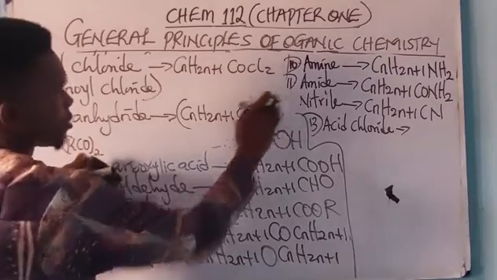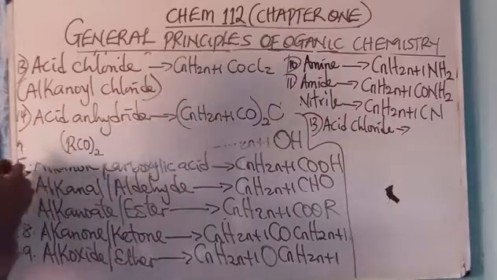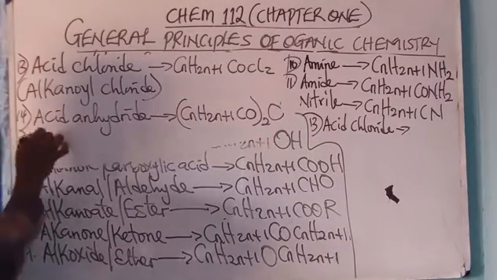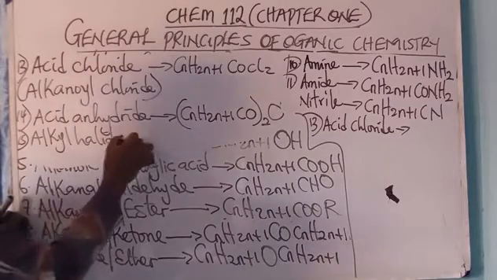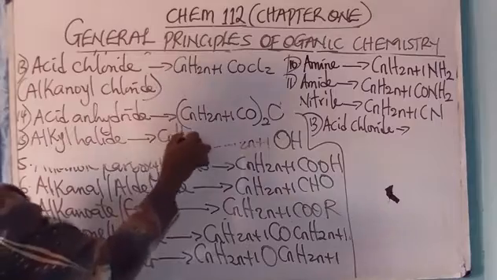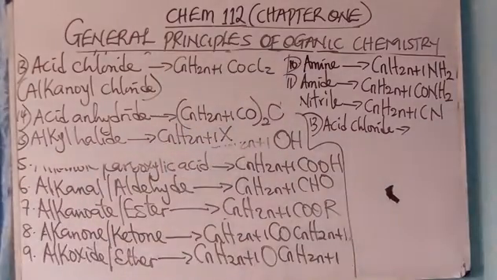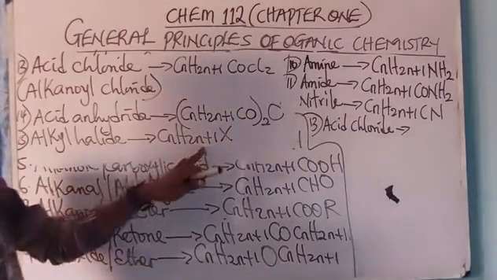This is the chemical formula of the acid anhydride. And number 15, we have the acyl halide. The acyl halide, I have it to be CnH2n+1X. So this is for the acyl halide.